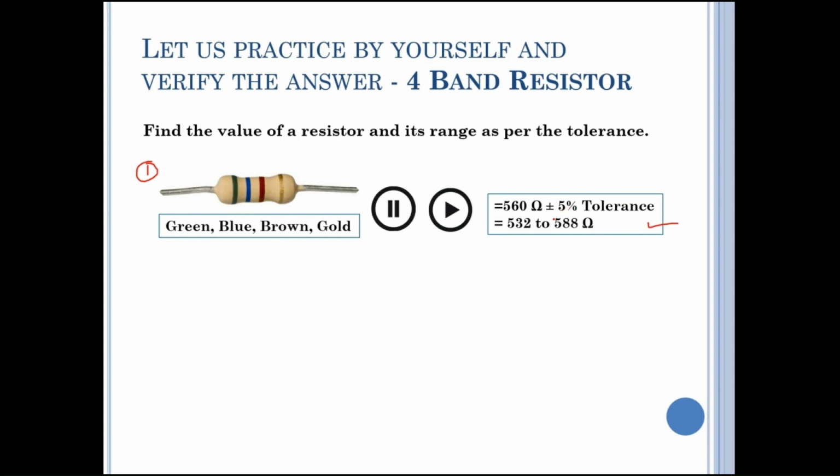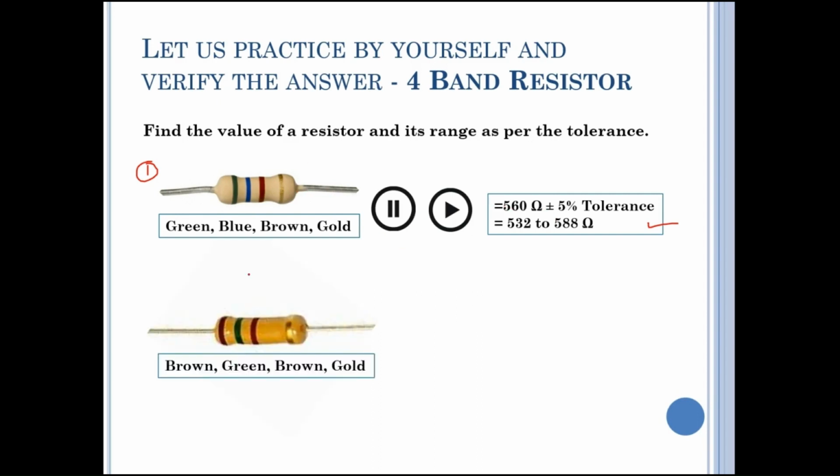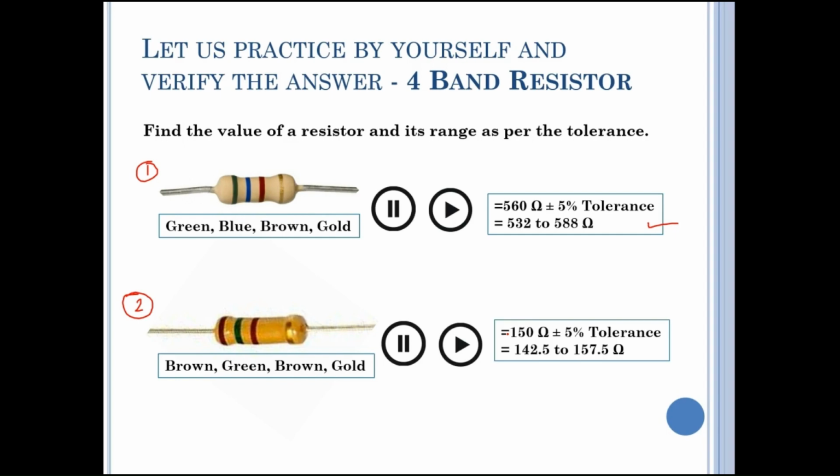If you are not getting the correct answer, rewind the video, go back again, understand the concept and try again. Let us try the second example. Pause the video and calculate the value as per tolerance by yourself. Play the video once you are done and verify your answer.